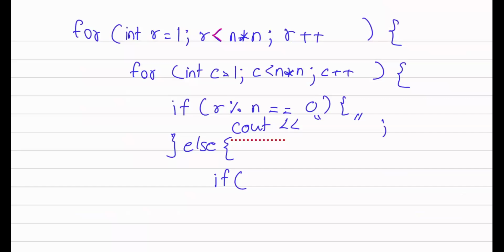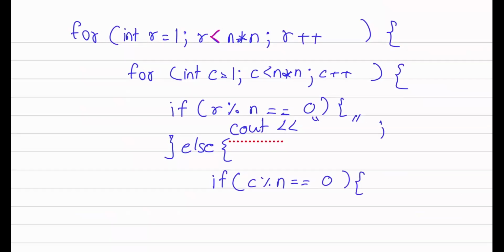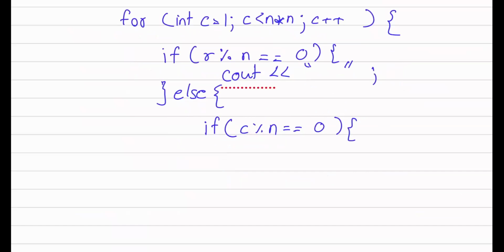And then otherwise you need to check the column mod by n. If column mod n gives 0, you cout the space, and otherwise you cout the star.